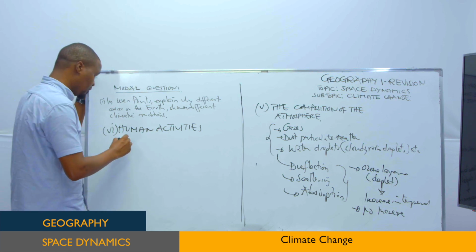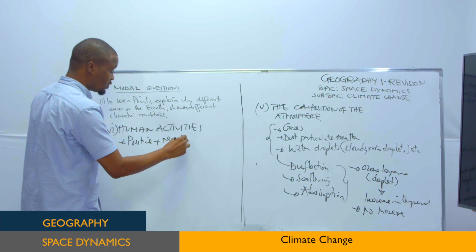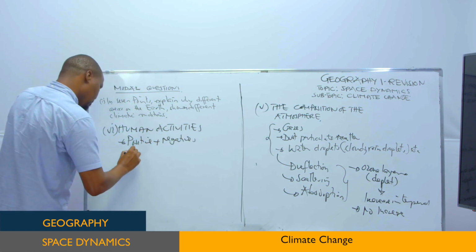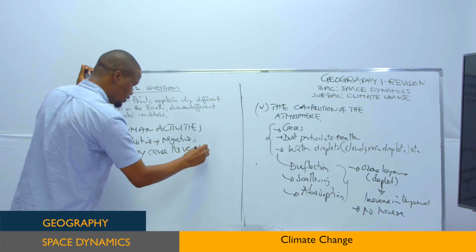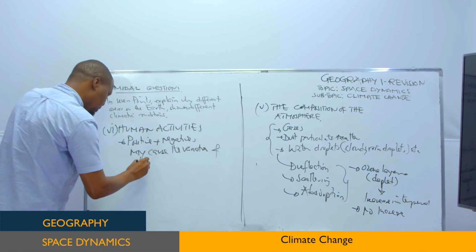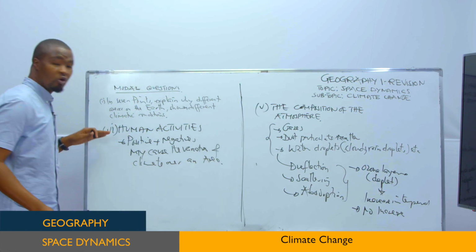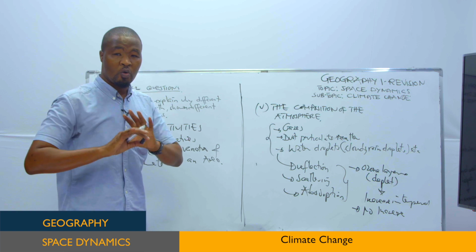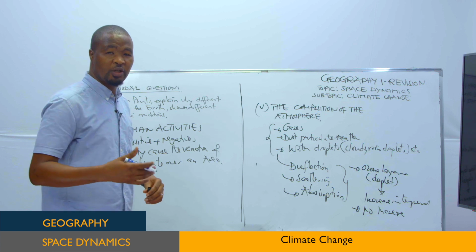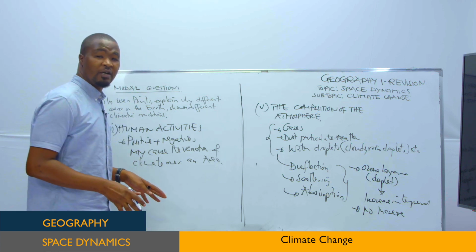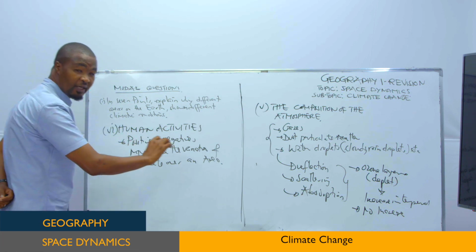We know human activity, both positive and negative roles, may cause the variation of climate over an area. We all know that we are human beings, so we do a lot of activities that may affect the land, which later will result in the variation of different climatic conditions of different areas. For instance, I'm talking about the positive and negative roles.